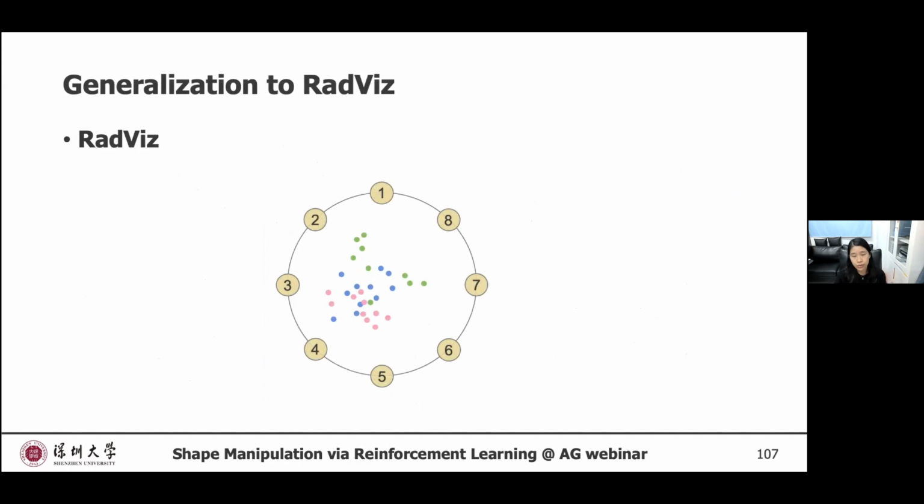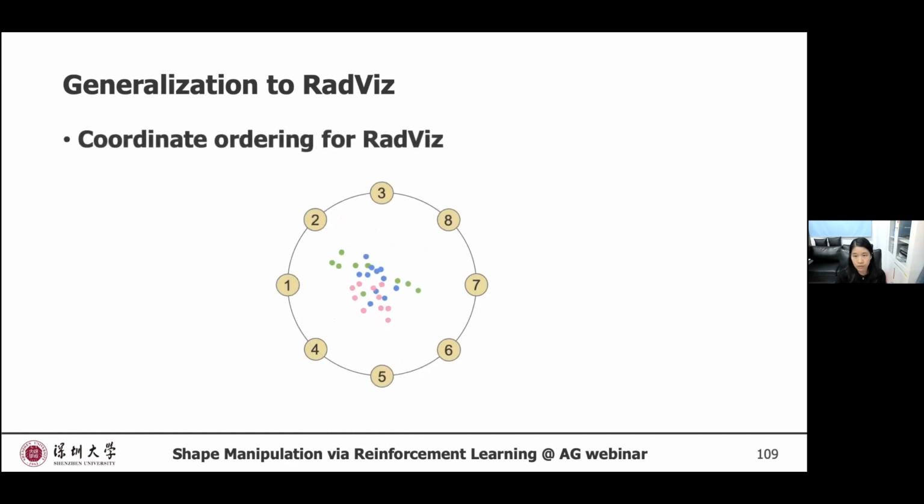And actually, the proposed method can also be generalized to other types of plots, like RadViz, which arranges each dimension around a circle and plots high dimensional points inside the circle. Different coordinate orderings can also lead to different perceptions for RadViz.